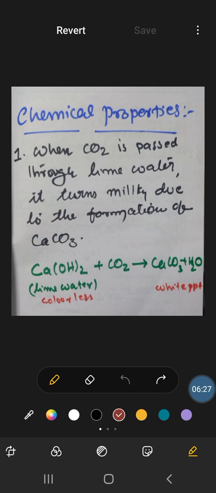The solution turns milky due to the formation of white insoluble calcium carbonate precipitate. So this test is used for the detection of carbon dioxide gas. Okay, so carbon dioxide gas can turn lime water milky.